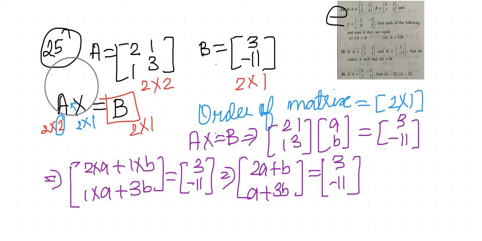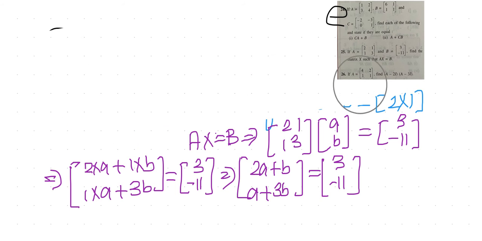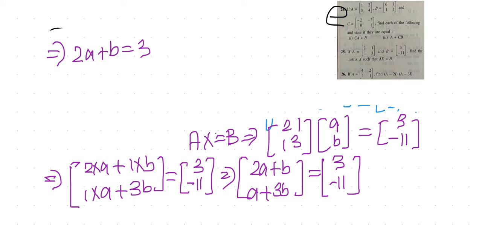Now I'll erase the above part. So this implies 2a plus b is equal to 3, and a plus 3b is equal to minus 11. Here if you want to use elimination, you need to multiply the second equation by 2.